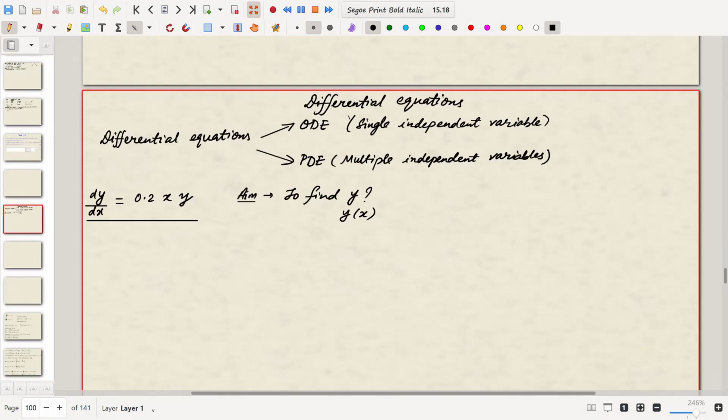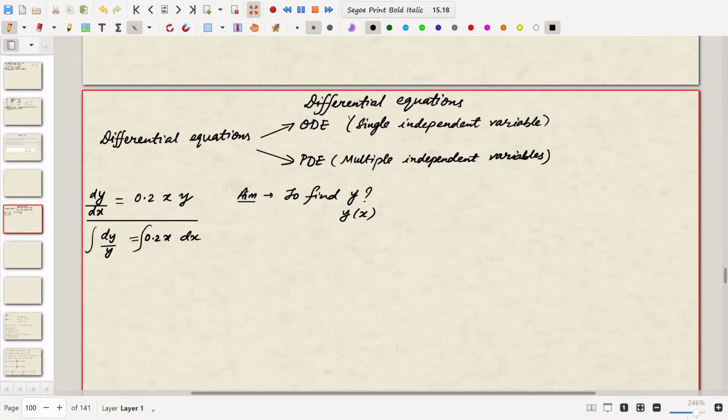Through this differential equation, can you find what y is? I hope you can. This is the easiest method: dy by y equal to 0.2x dx, and then you integrate both sides to find y.